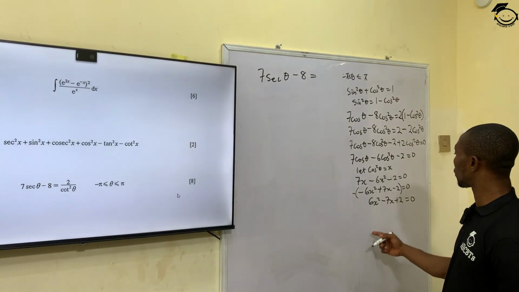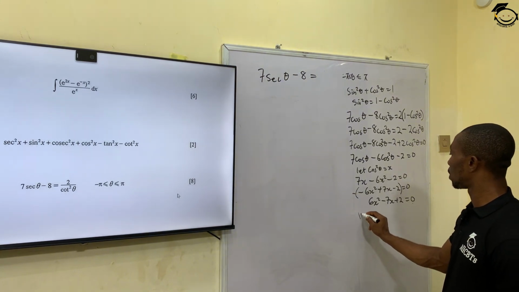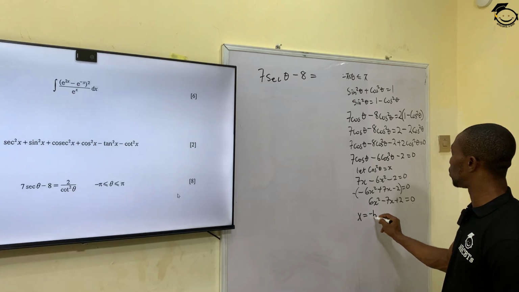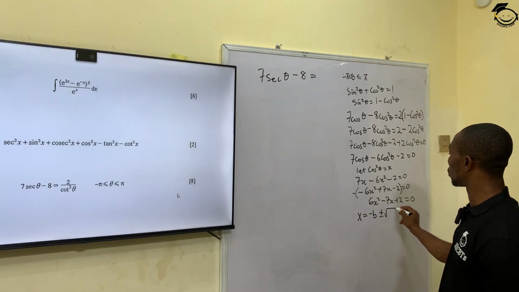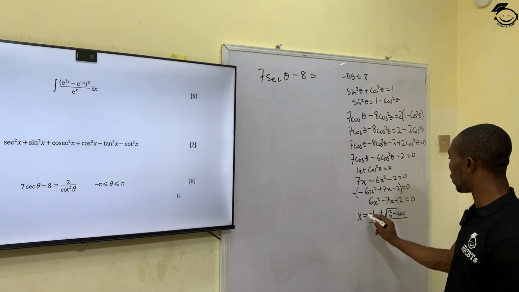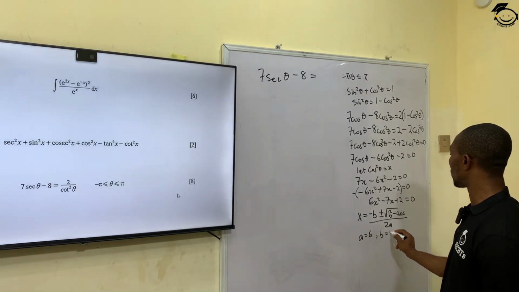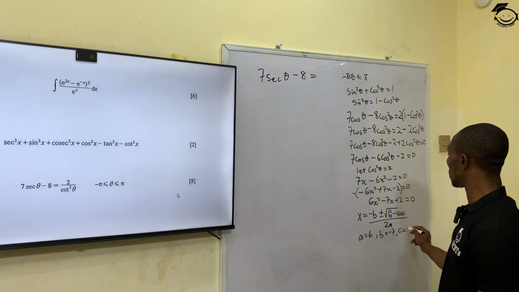So from here, solving our equation using the quadratic formula that says x equals minus b plus or minus root b squared minus 4ac all over 2a. Now in this situation, our a is 6, b is minus 7, and c is 2.